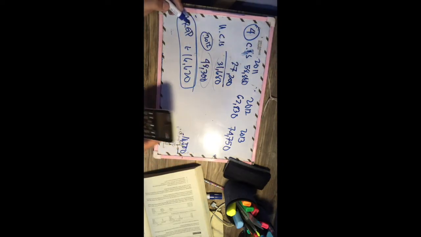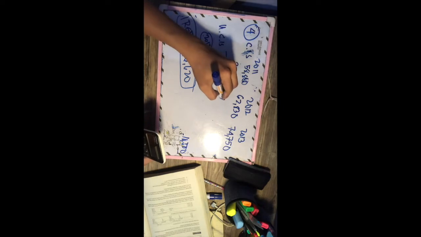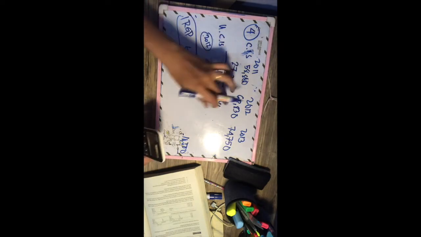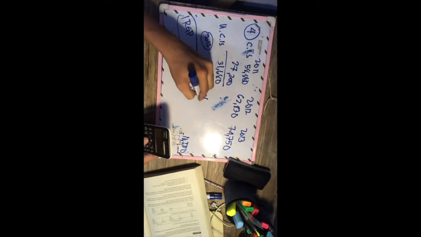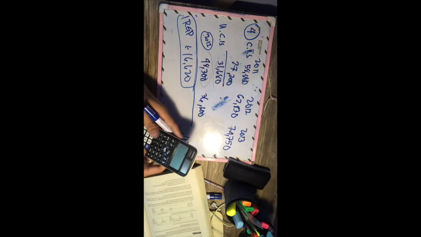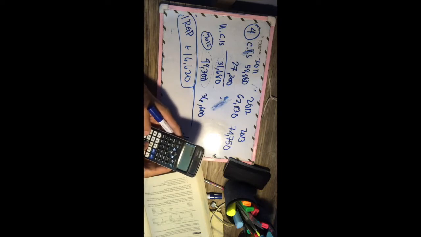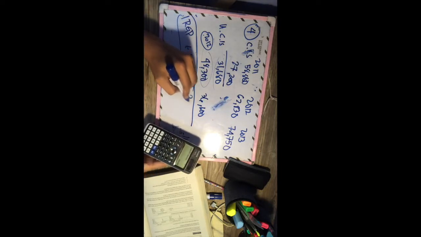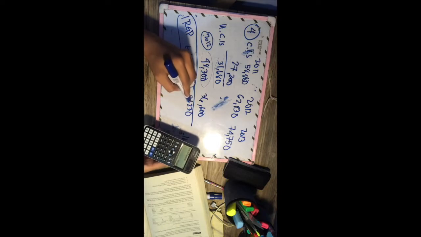But for 2012, what you have collected was only 36,600. So as of the end of 2012, you still have an unrecovered cost of 26,230.